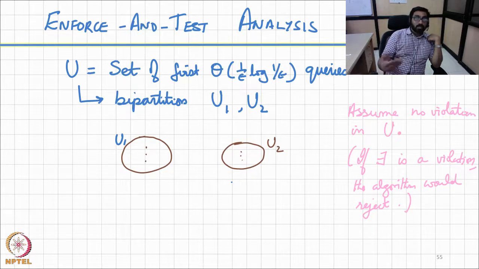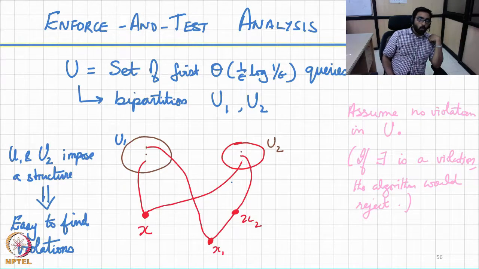And this creates a structure. Some vertices are now on the left in U1 and some vertices are on the right in U2. There are a lot more vertices in the graph. But how do we find a violation against the structure? There are 2 ways in which this can happen. One is you can find a vertex x such that x has a neighbor in U1 and a neighbor in U2. If that's the case, then U1 and U2 cannot be a valid partition. So that's one way to find a violation.